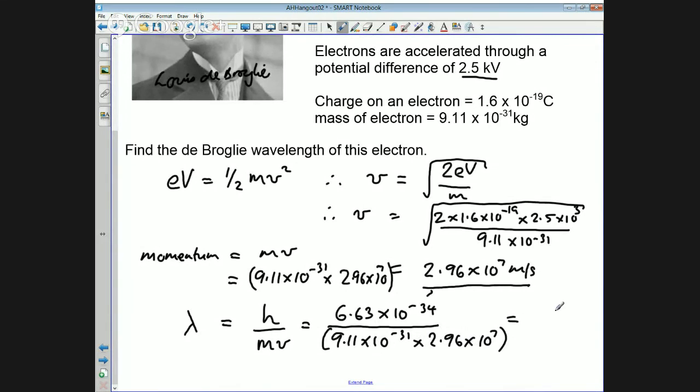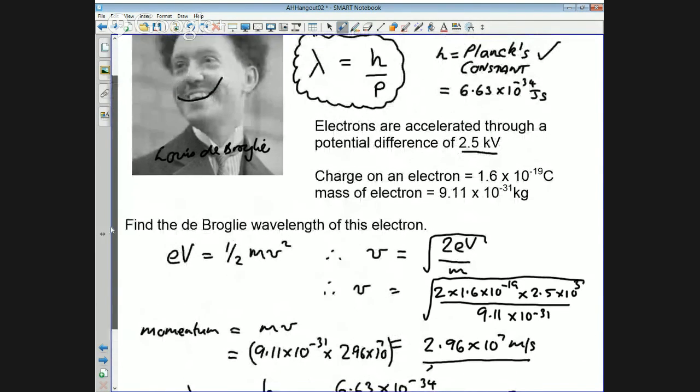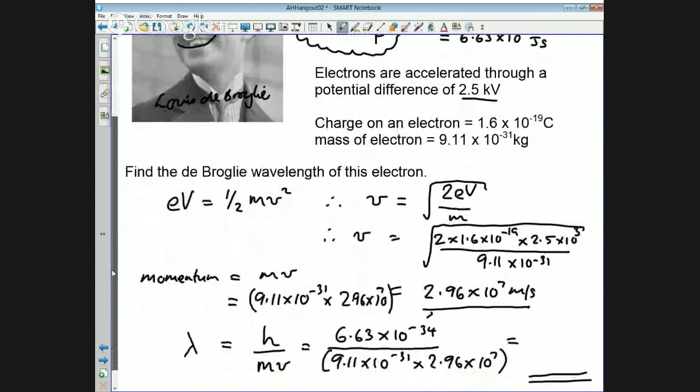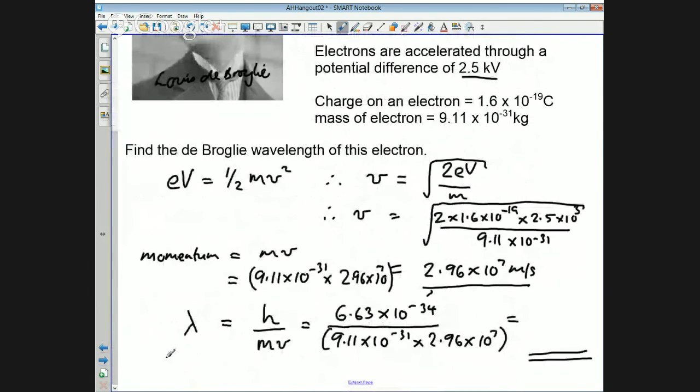And if we work that out, we'll get the wavelength of the electron. I'll leave that for you to do yourself. So good old de Broglie, there he is there. Lambda equals h upon p, and you can work out the wavelength of the electron from that.